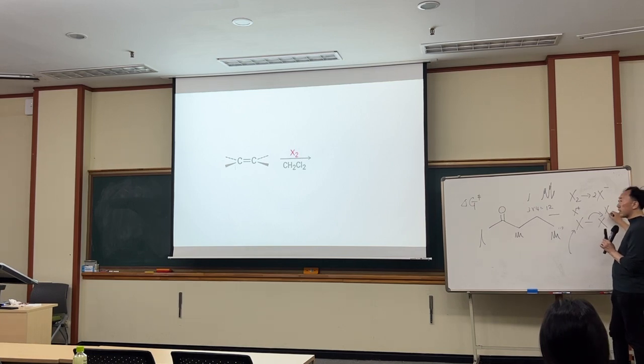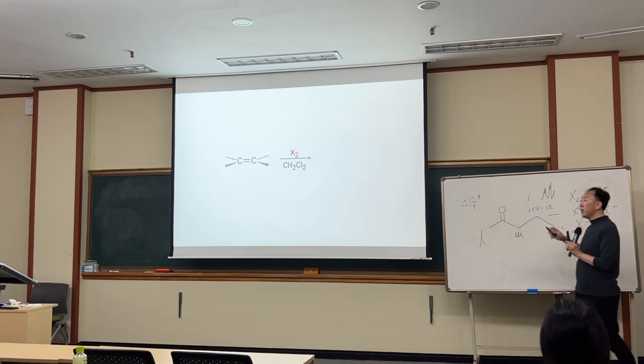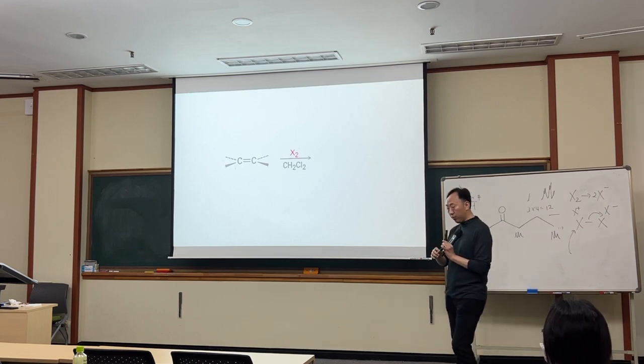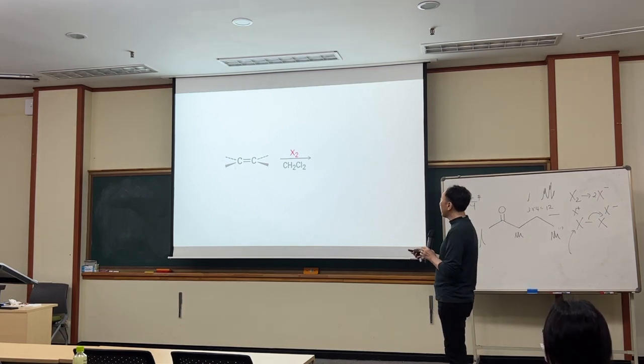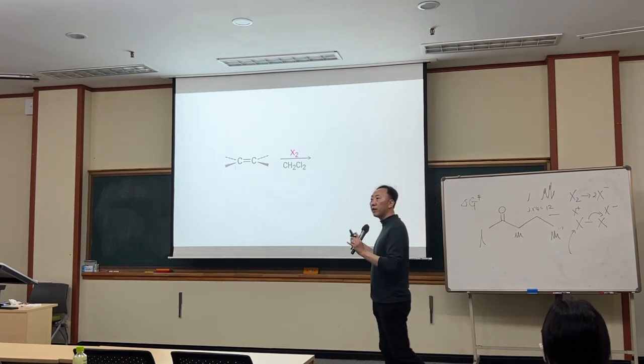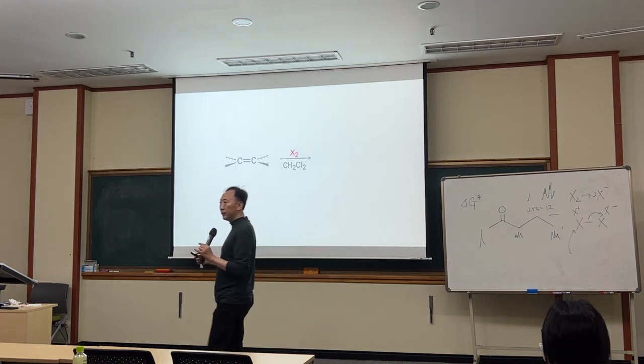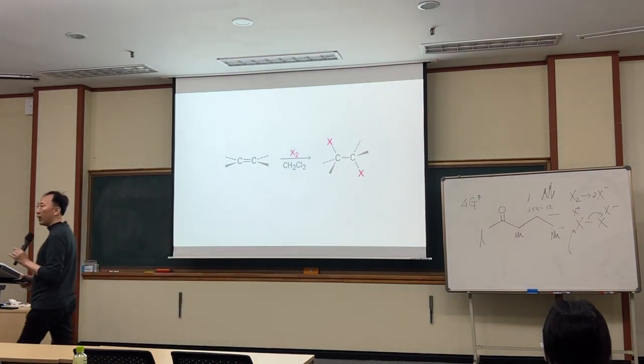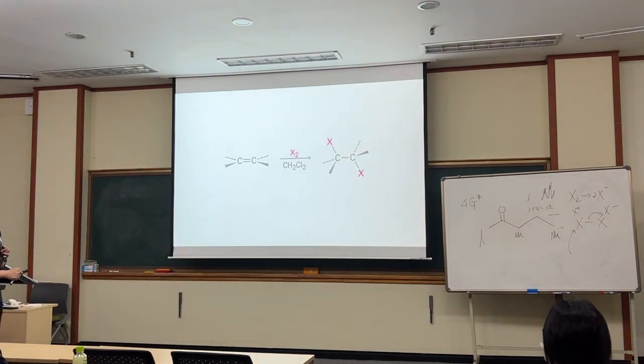This is an X minus. So the intermediate is a bromonium, a cyclic structure of intermediate forms here, and then X minus attacks from behind. This is a more typical SN2 reaction. It's an SN2 reaction, that's why the reaction product is anti-addition. One is added here, and then the other one comes from behind, attacks and releases.